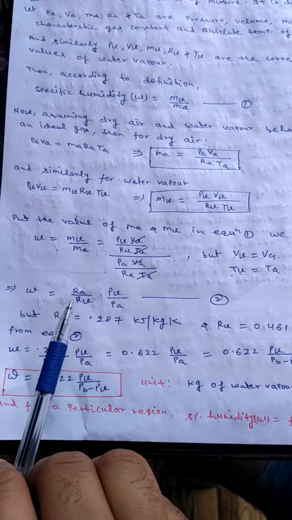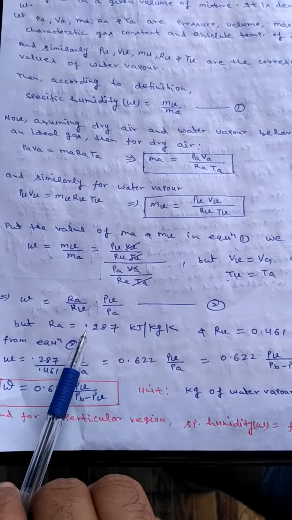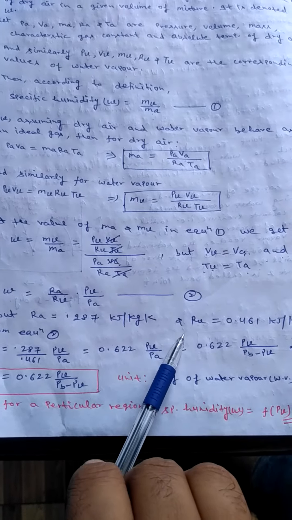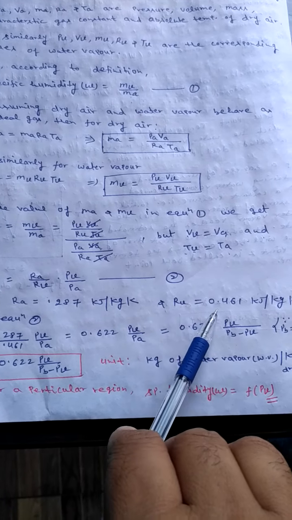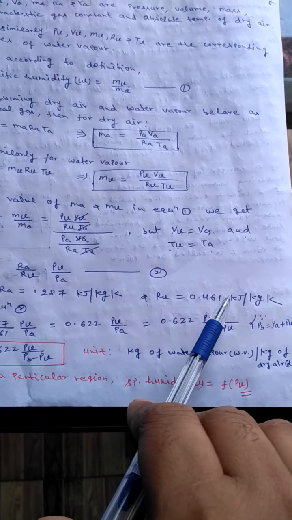But we know that the characteristic gas constant for dry air is 0.287 kilojoule per kg Kelvin, and the characteristic gas constant for the water vapor is 0.461 kilojoule per kg Kelvin.